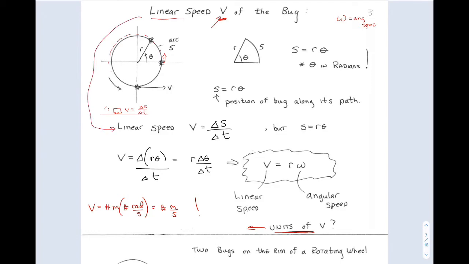We know from the earlier chapter that, with that car going down the road, linear speed is displacement over time, delta x over time. Here, don't think of this as an x and y axis. The bug is moving along an arc.